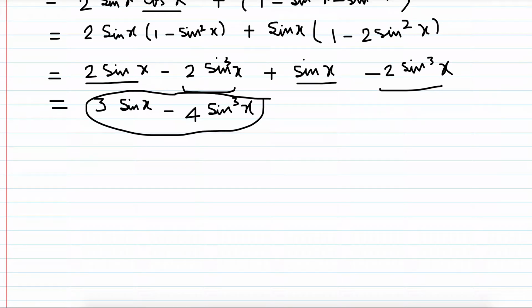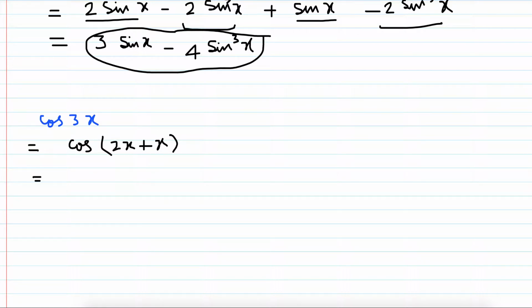Now next we have cos 3x. Again we will write it as 2x plus x. Cos x plus y is cos x cos y minus sin x sin y. So cos 2x cos x minus sin 2x sin x.